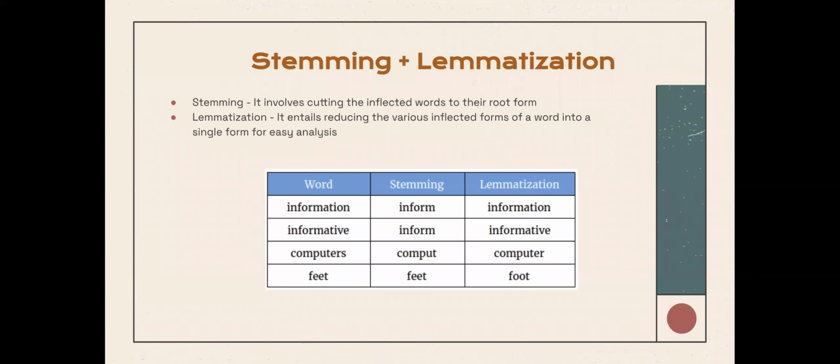This is to reduce the iterations of words that we can have. Stemming involves cutting the inflected word to the root form, and lemmatization reduces the various inflected forms to a single form for easy analysis. So feet becomes foot, computers becomes computer or compute respectively.